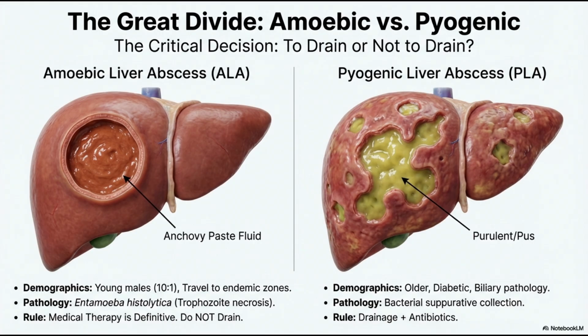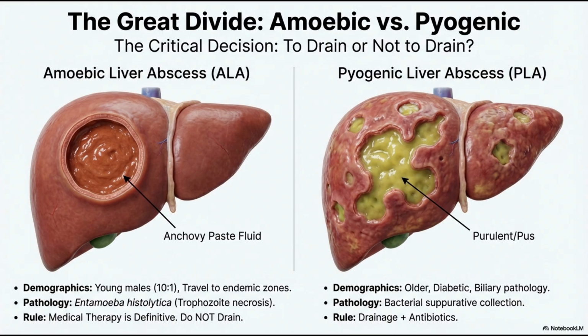Okay, so let's start with the amoebic liver abscess. This is caused by Entamoeba histolytica, a protozoan parasite. Now, just looking at the epidemiology, there's a fascinating signal here. The male to female ratio is 10 to 1. That is massive. Usually in infectious disease you see maybe a slight skew, but 10 to 1. Why men?